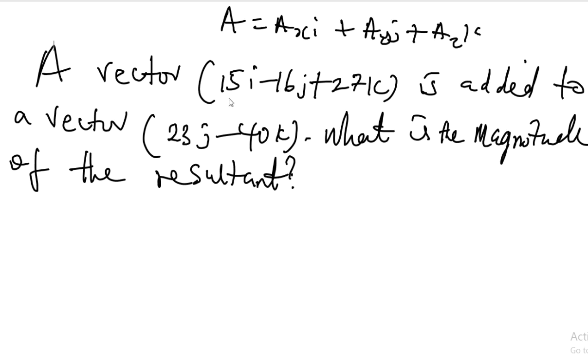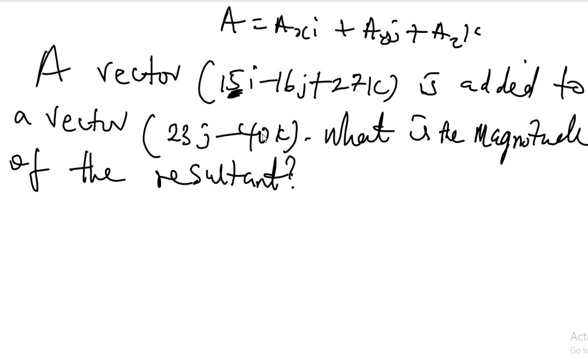In this case, AX, the vector along the x direction, is 15. Along the negative y direction, it is minus 16. And along z, it is 27. So we are going to add this and find the magnitude.